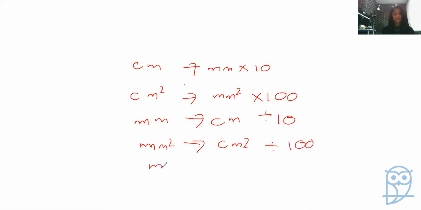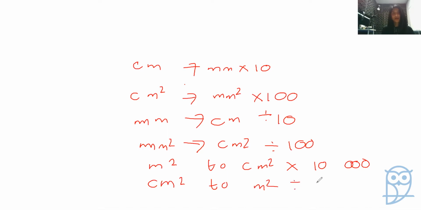Then from meter square to centimeter square, I multiply by 10,000. And from centimeter square to meter square, I divide by 10,000. Okay, everybody with me?